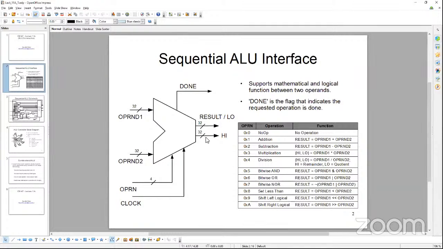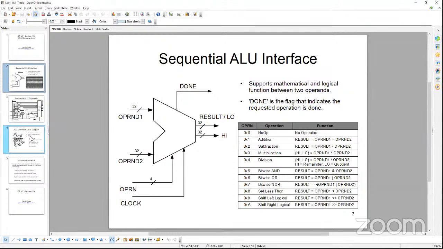We also have another output called done, a single-bit signal, which is basically telling that my operation is done. Then whoever is looking for the result can pick it up from the output of the ALU. So that's the purpose of the done signal.